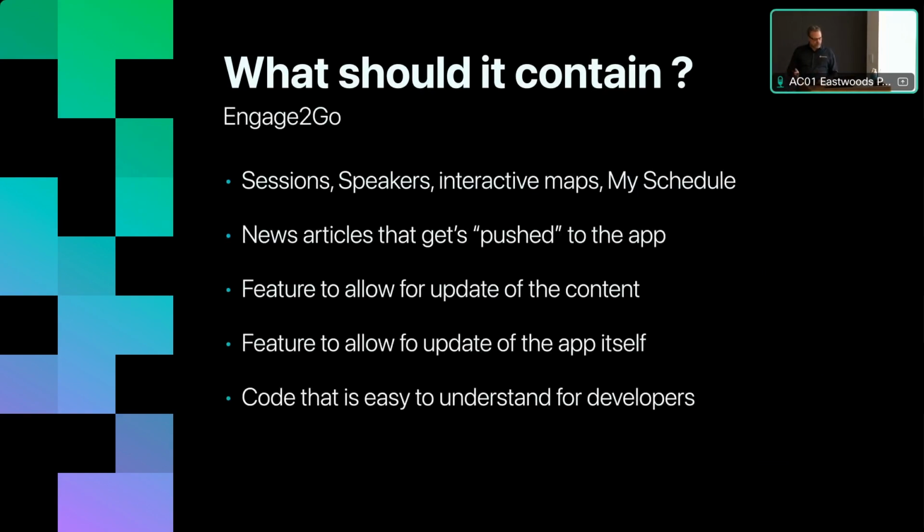So for this version, we decided that sessions, speakers, some interactive maps and my schedule were key features of the app. It helps you know who's talking, what they are talking about, and how to find their sessions, and finally organize your days here. Okay.